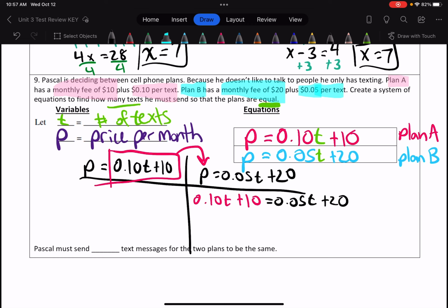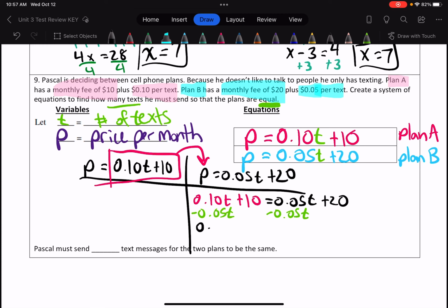I'm now going to try to isolate t. But here's my dilemma. I've got variable terms on both sides, and I've got constant terms on both sides. So we got to get our variable terms to one side and our constant terms to the other side. I'm going to subtract a 0.05t from both sides of this equation.